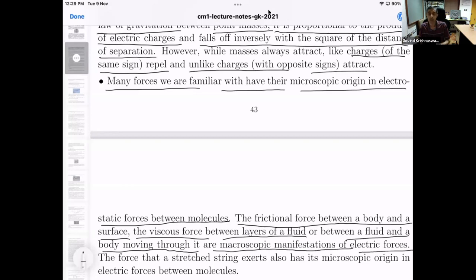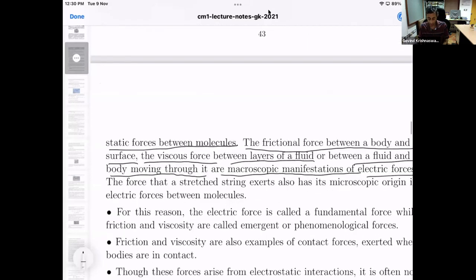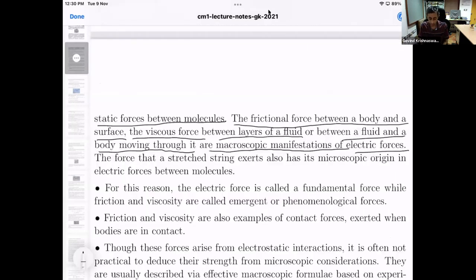So many of the forces we experience in our daily lives, other than gravity, have their origin in electric forces. It really rules our life in many ways. The force that a stretched string exerts also has its microscopic origin in electric forces between molecules.